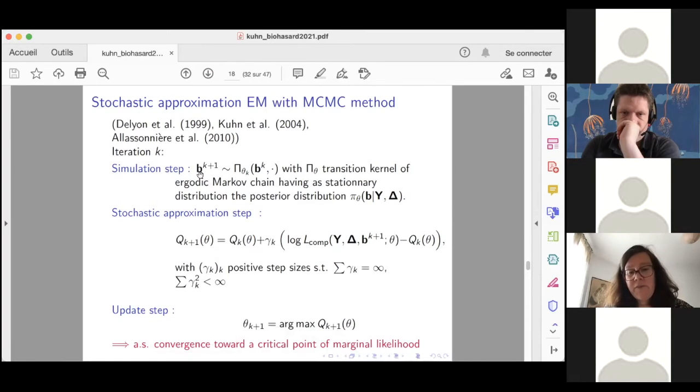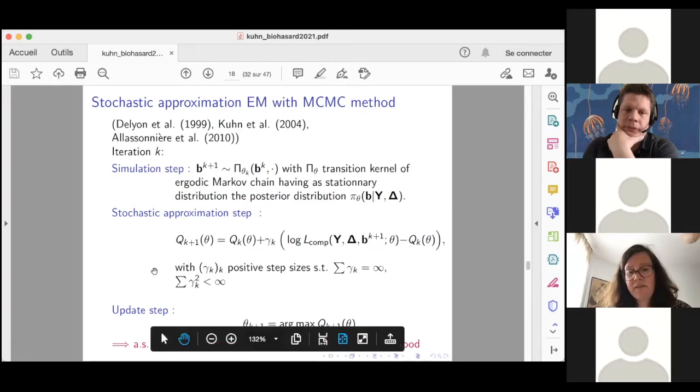You simulate it through a transition kernel P theta, which generates an ergodic Markov chain. And the objective is that this Markov chain has as stationary distribution the posterior distribution of B knowing the data. And after, you compute the stochastic approximation of the complete log likelihood, using the simulated value you just obtained. So you plug it here and you perform this stochastic approximation.